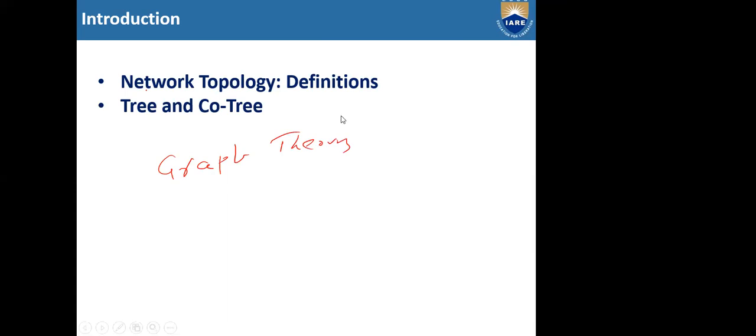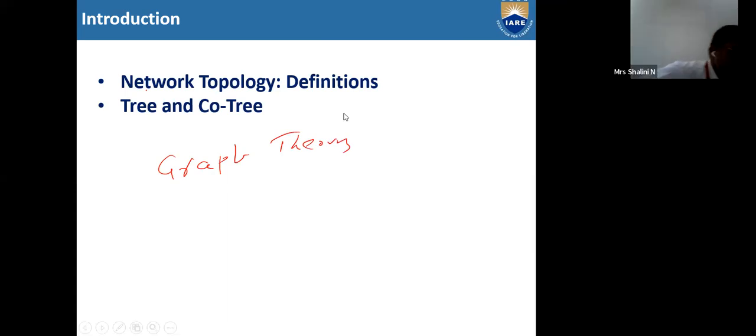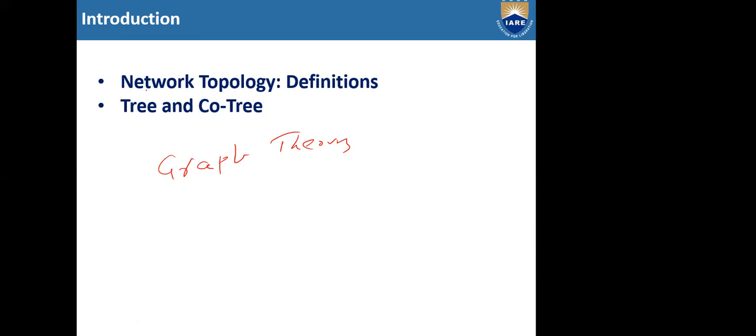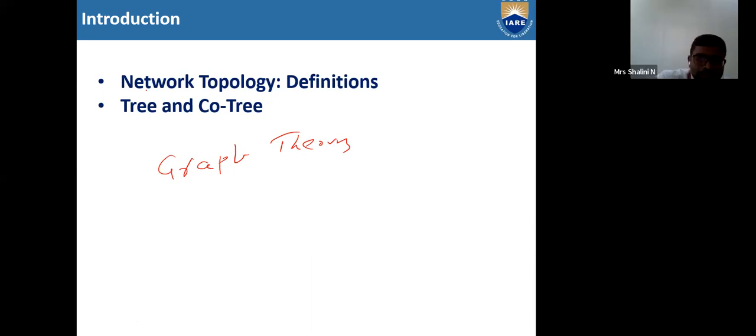Graph theory is nothing but, for any circuit, we have to obtain the graph.